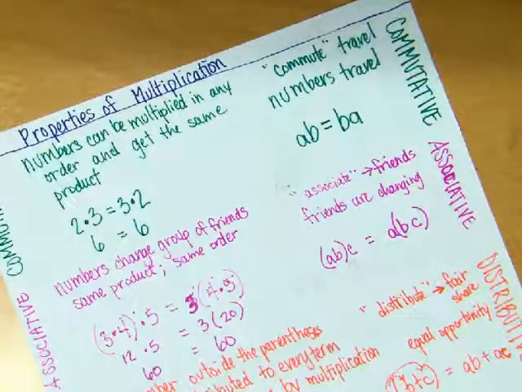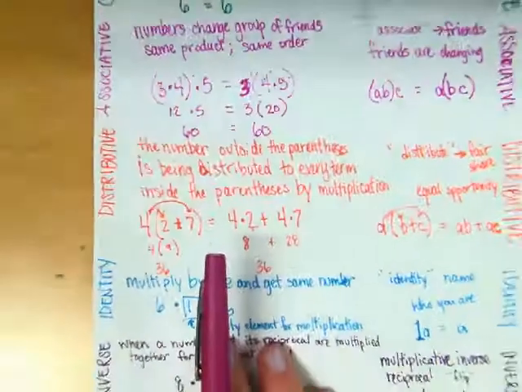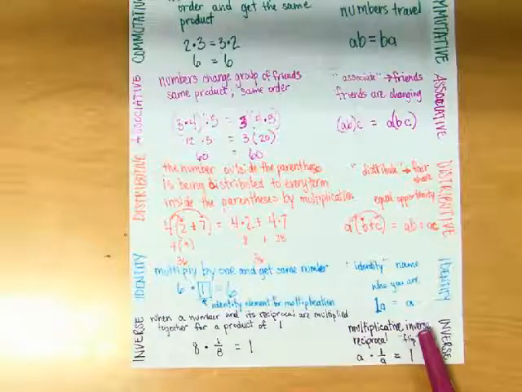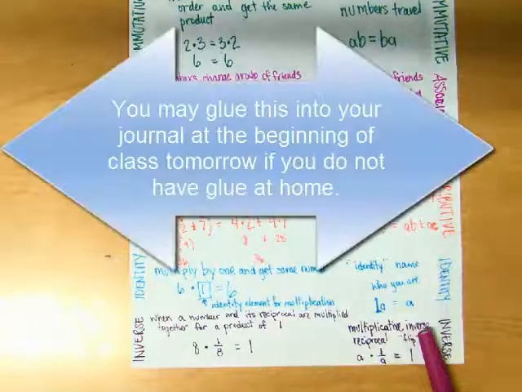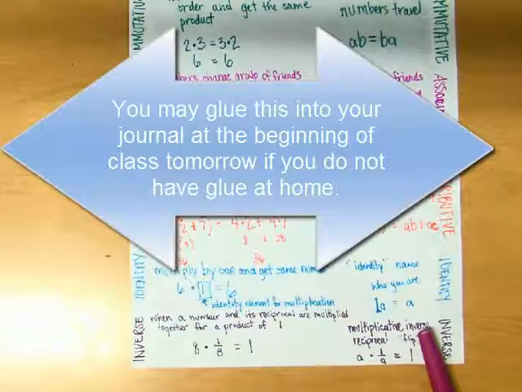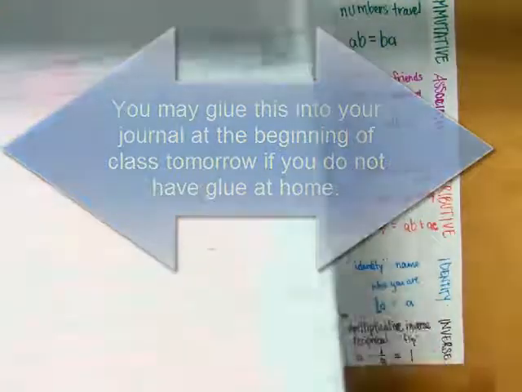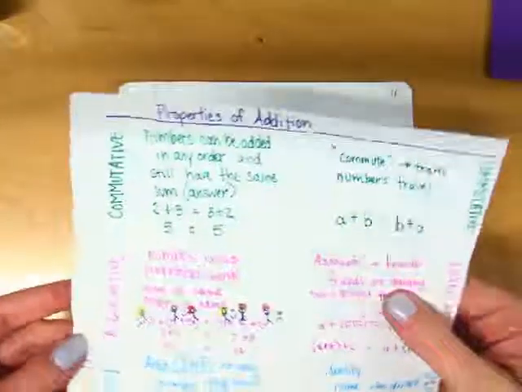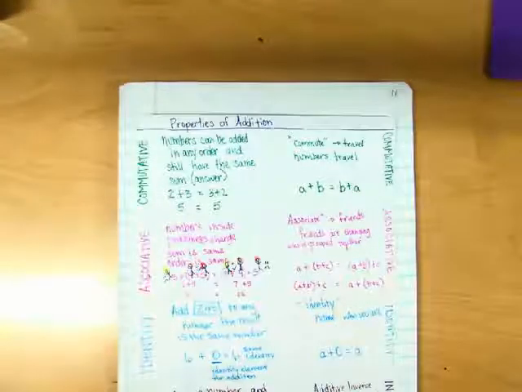Alright, so now that we've gotten all of that information, we're going to take our glue stick, we're going to apply glue, and put it into our journal. So here's my journal. I'm going to go to the next empty page. Now for me, that is page 11. If your page 11 is the next empty page, then you'll use that. If it's not, you'll use whatever the next empty page is for you. And here's my glue.